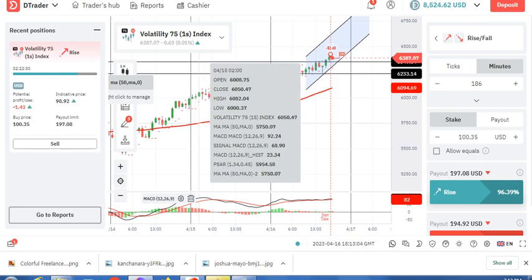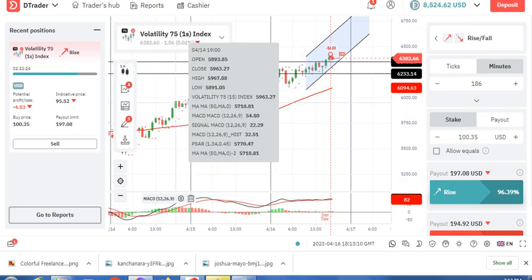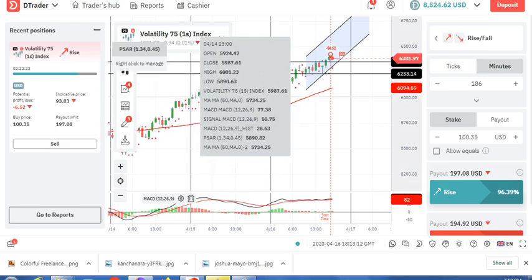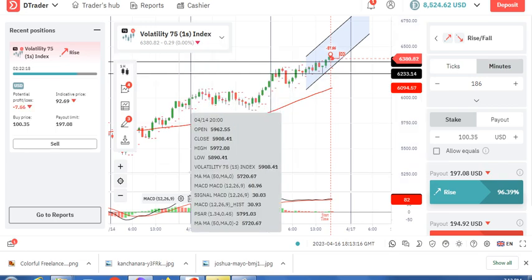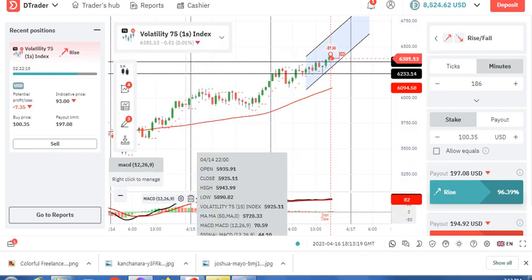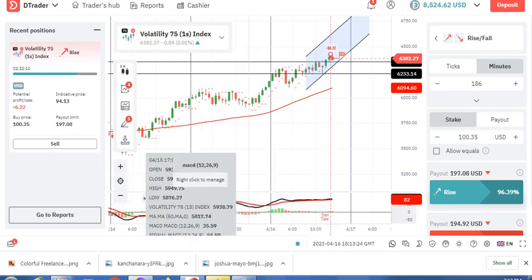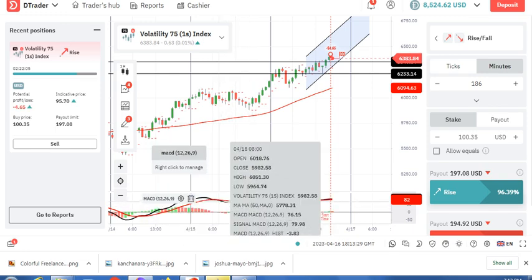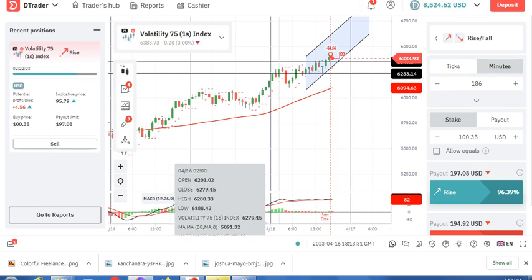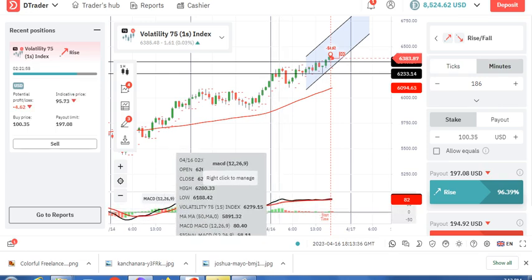So the reverse is still the case when it comes to this moving average. When this moving average is above this candle, and the parabolic SAR is above the candle and the MACD is on red, following this line, if this line has not crossed down this particular place, you can see this horizontal line where you have the green and red.